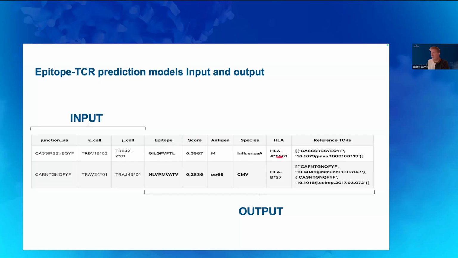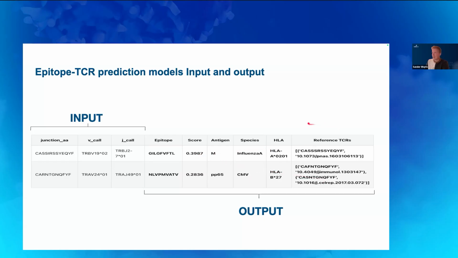But lastly, also a reference, a pointer in our database that shows that this specific TCR has been described in this paper belonging to this epitope. So it gives you a little bit more explanation on how we came to this match instead of just being a black box model.